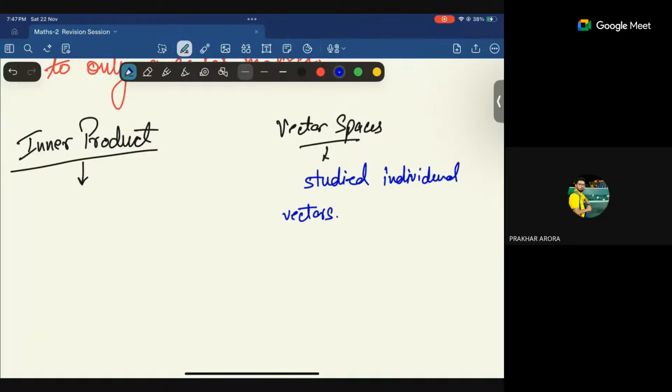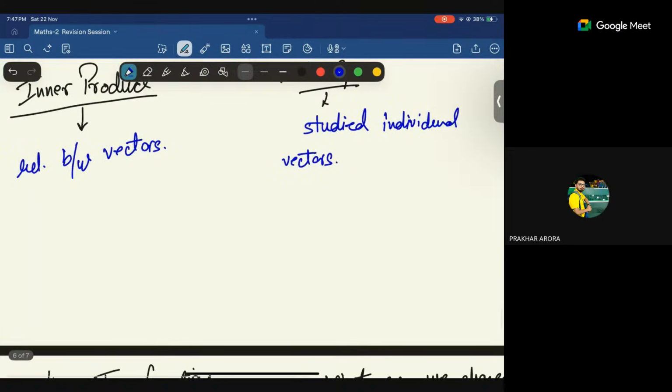The only times we had two vectors was in addition, and that is also just individual vectors only. Now we will be studying relations between vectors. This is the first time when we will study two vectors together. This is the inner product.